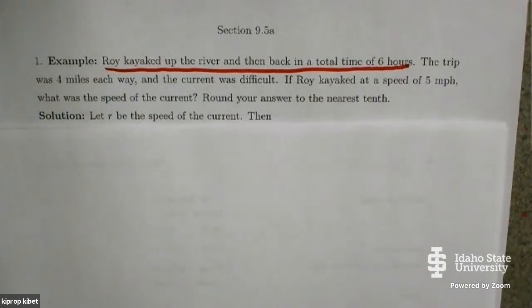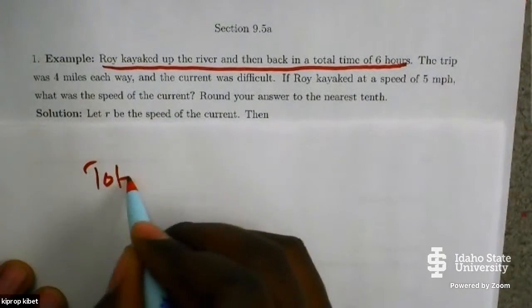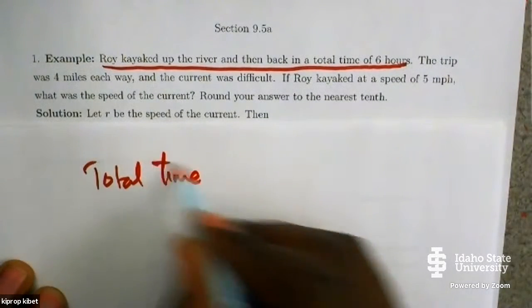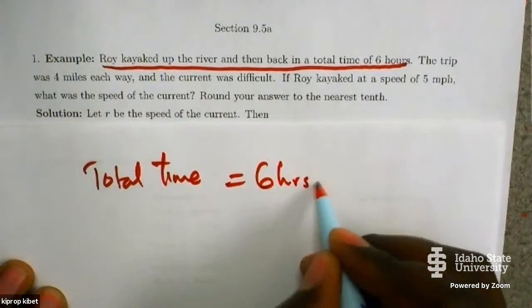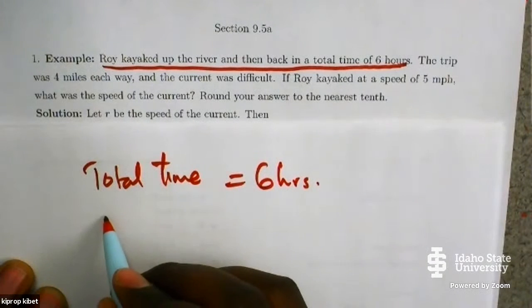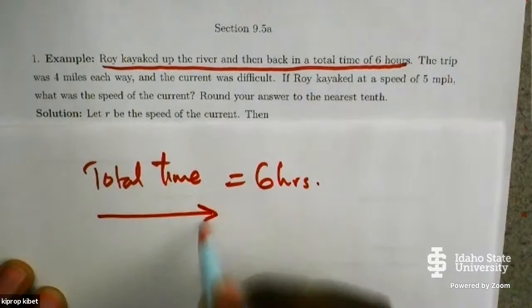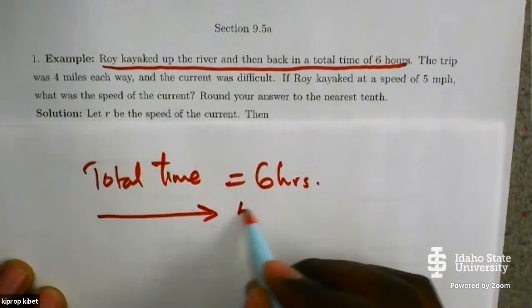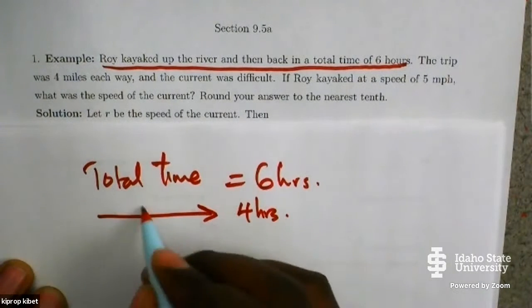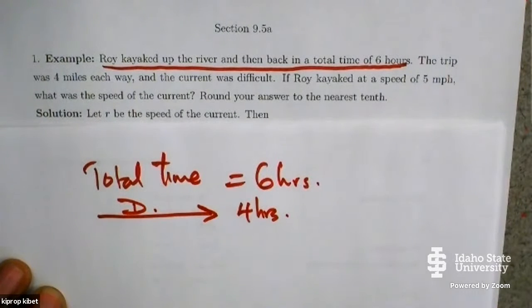The trip was 4 miles each way. Okay. So total time equals 6 hours. Distance going is 4 miles. Distance coming back is 4 miles. Okay.